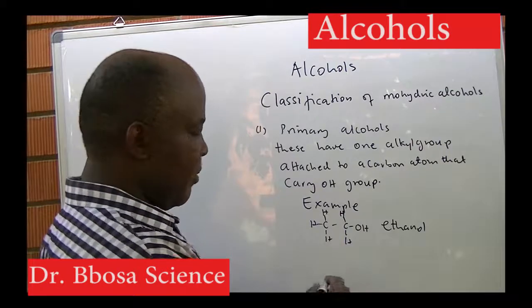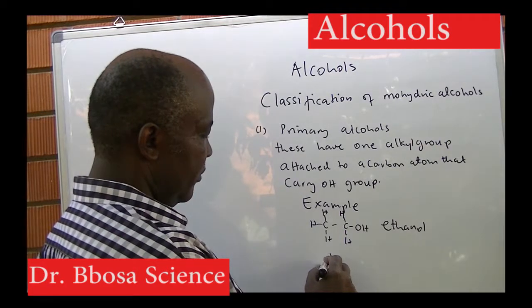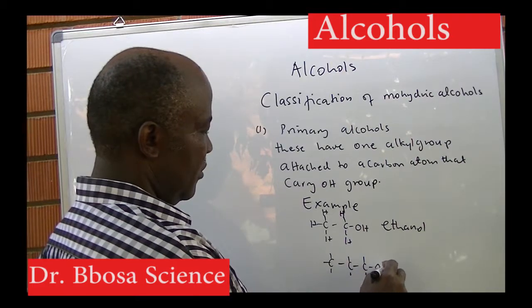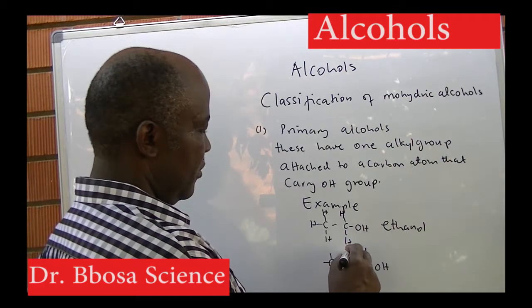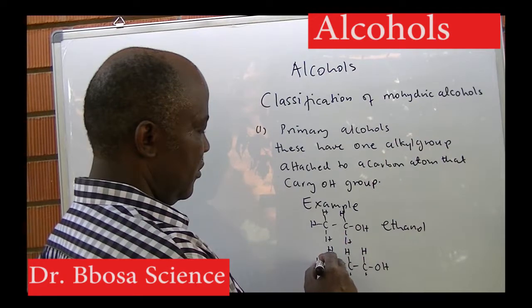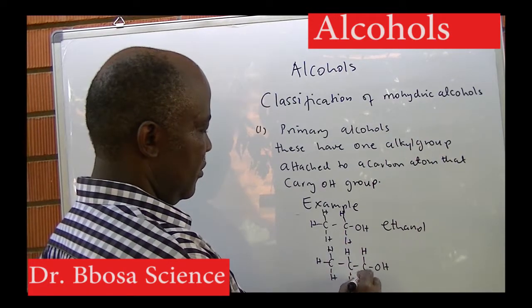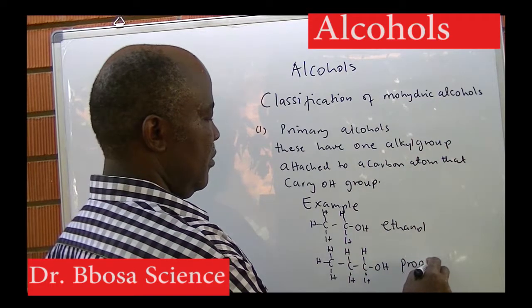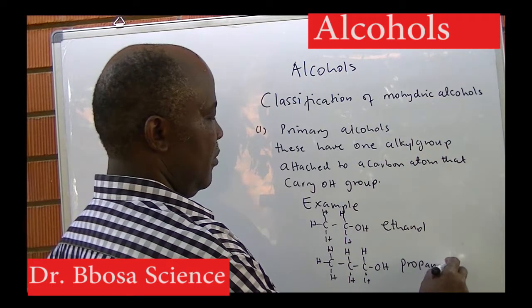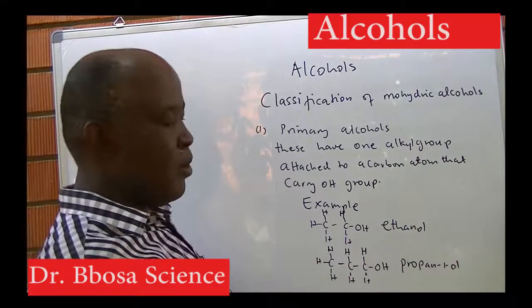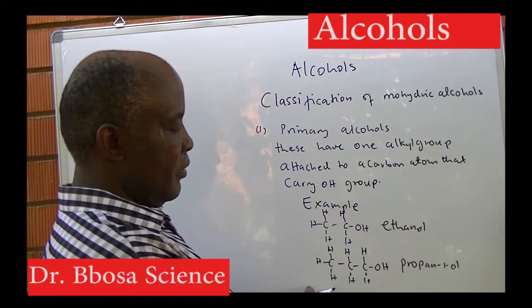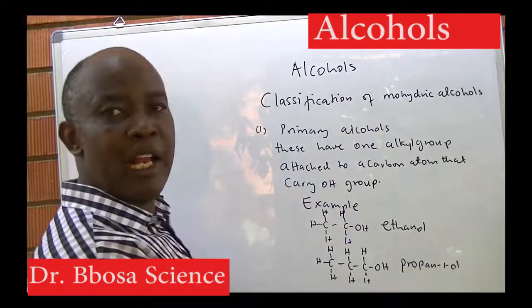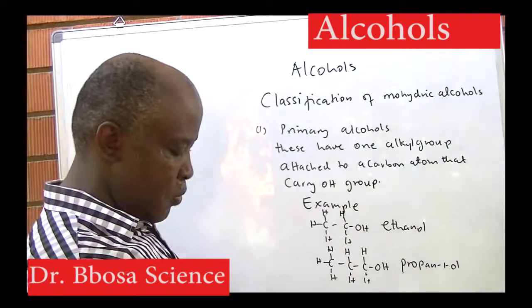The second example is propan-1-ol. In propan-1-ol, an ethyl group is attached to a carbon atom that carries the OH group.